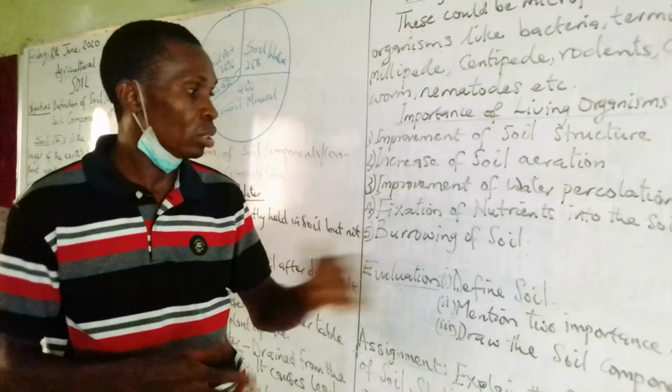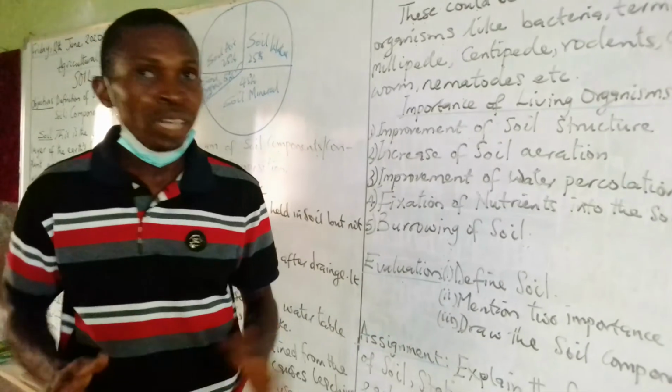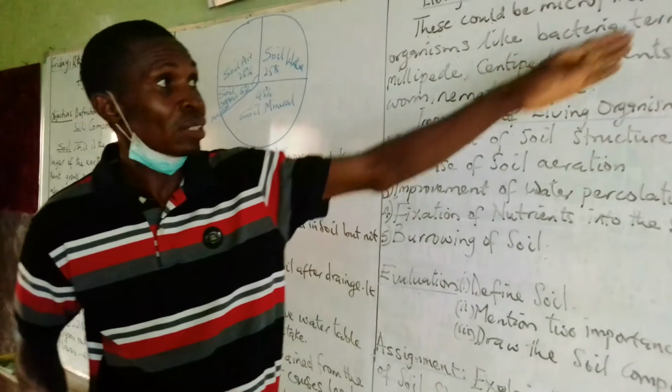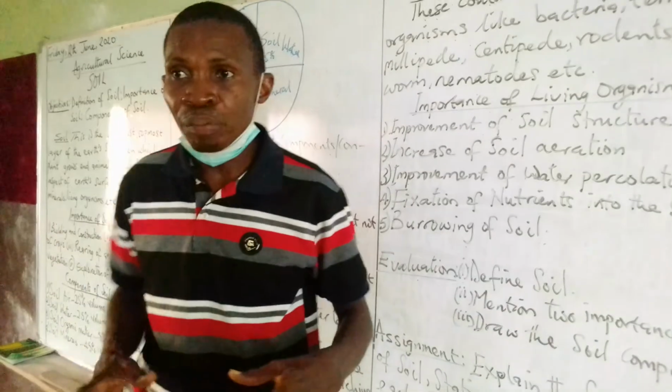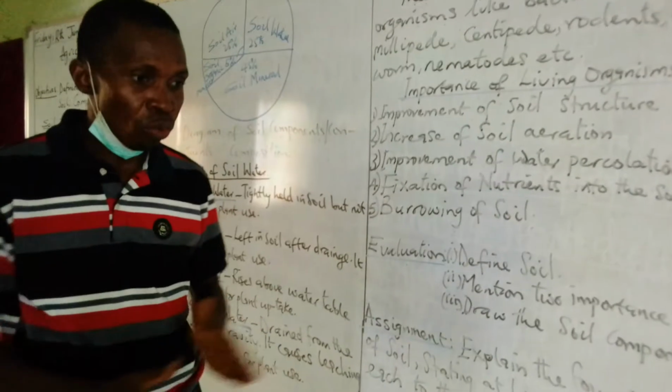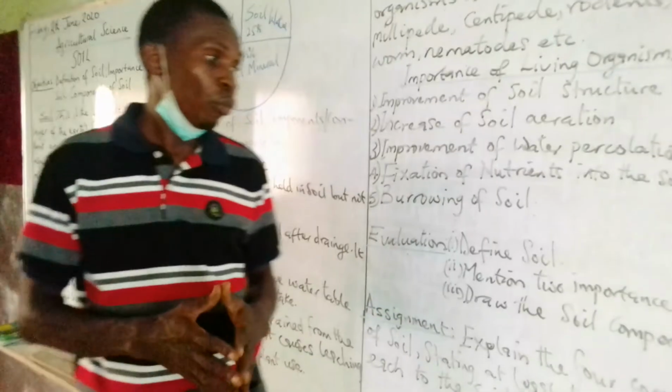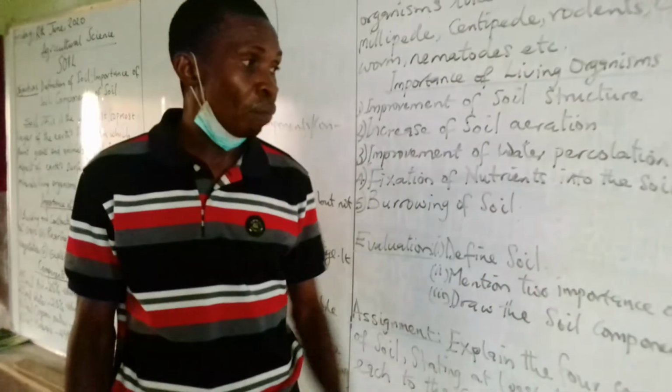Lastly, you have burrowing of soil. Most animals and living organisms like termites, snails, centipedes, rodents, earthworms in particular, burrow in the soil. They walk through the soil and open it up, which allows air to be formed in the soil.